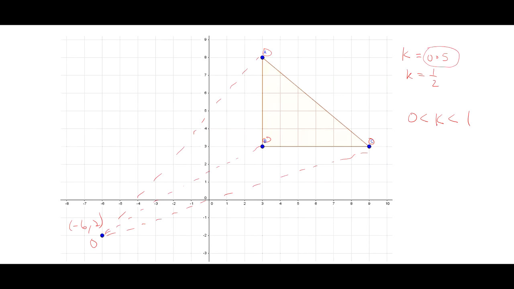When the scale factor is between 0 and 1, the image is going to be diminished. It's going to be smaller, right? What that means is that your image is going to lie somewhere in the middle here, right? So let me show you the actual solution.